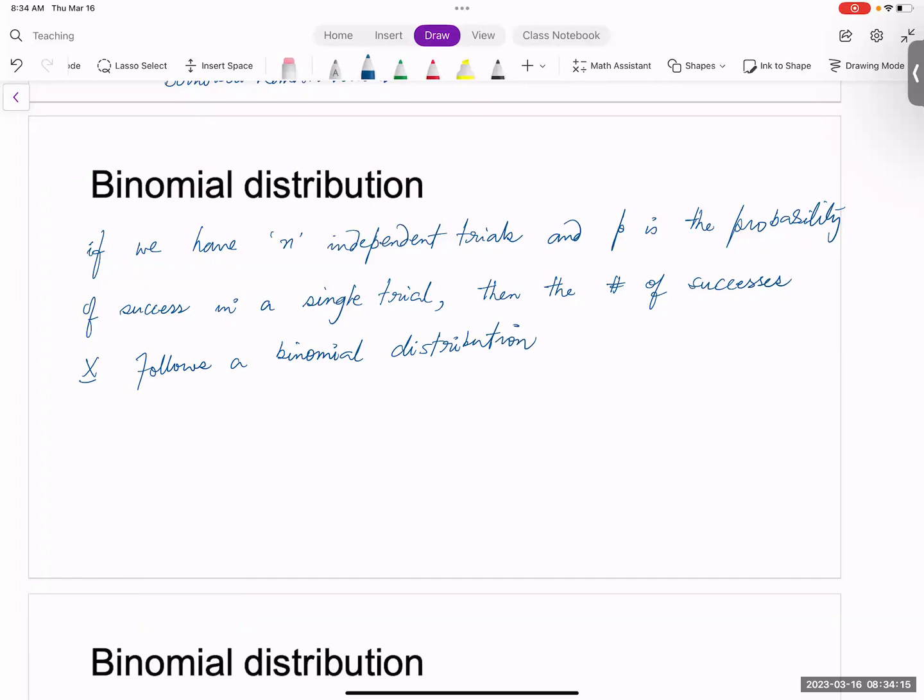Right? And then we can say that X is a binomial random variable. Okay. All right, great.